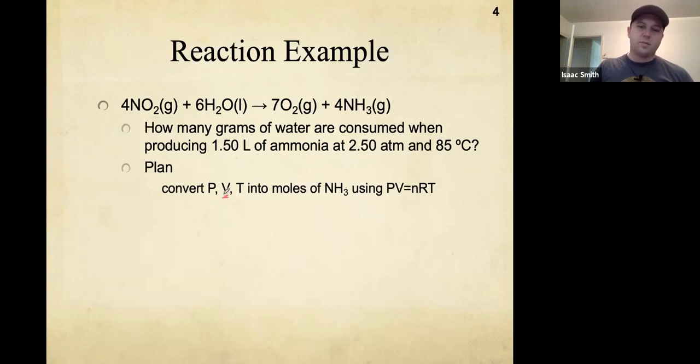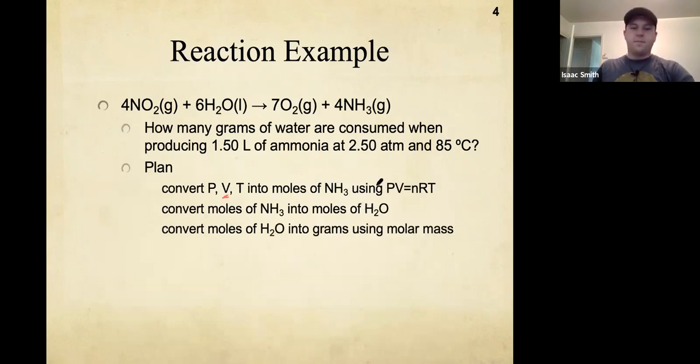Using the pressure and temperature, convert volume into moles of ammonia. Convert moles of ammonia into moles of water using the mole ratio. And then convert moles of water into grams using the molar mass. That's just mapped out right here.